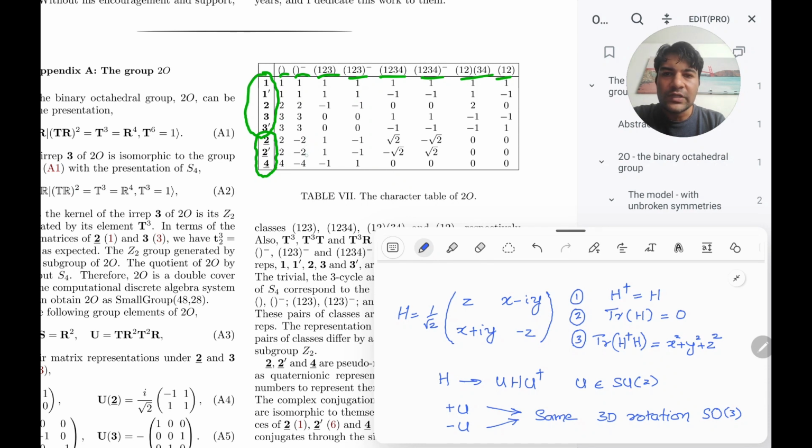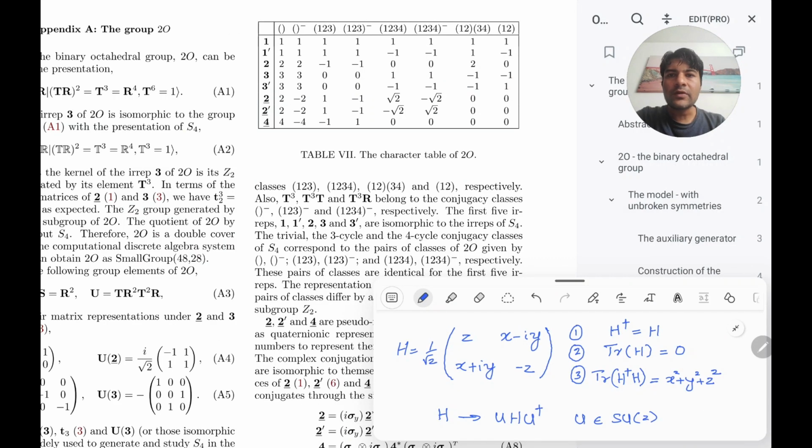That is how the group elements are distributed. And in the last two conjugacy classes, the group element and its minus both belong to the same class. Now I will go back to page 2 and show you how some of these irreps are explicitly constructed.